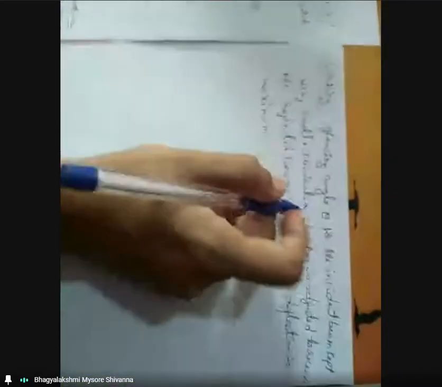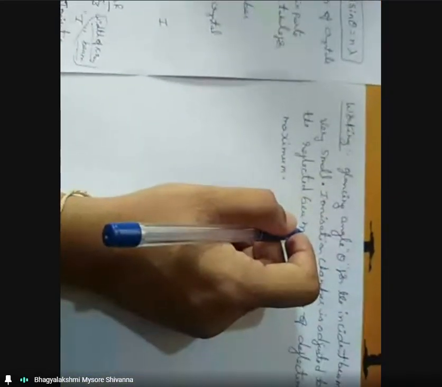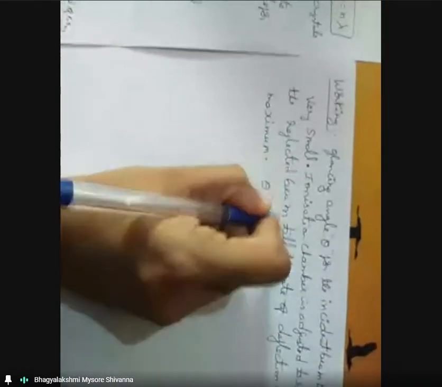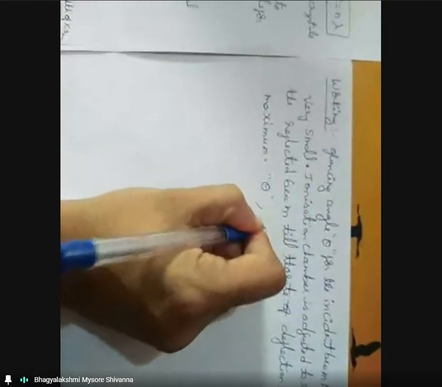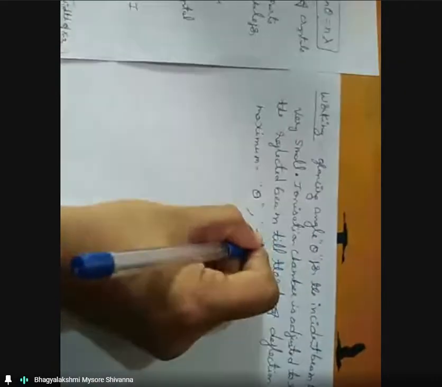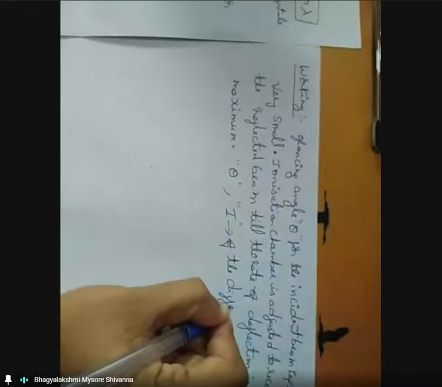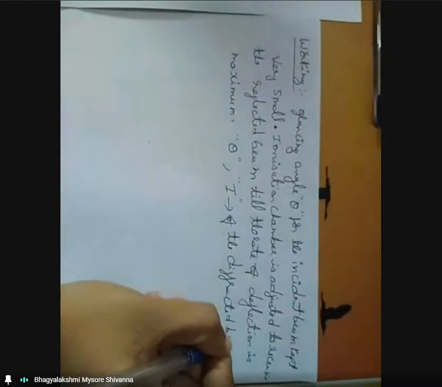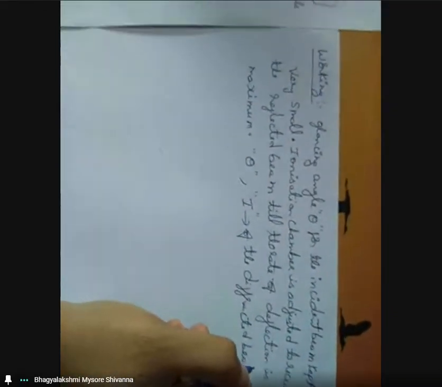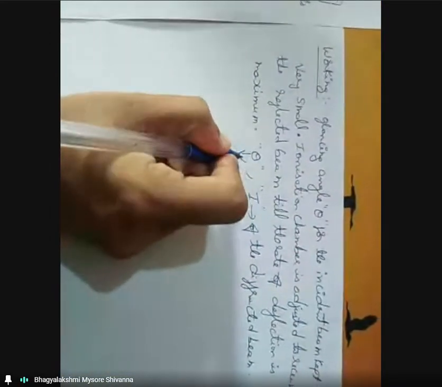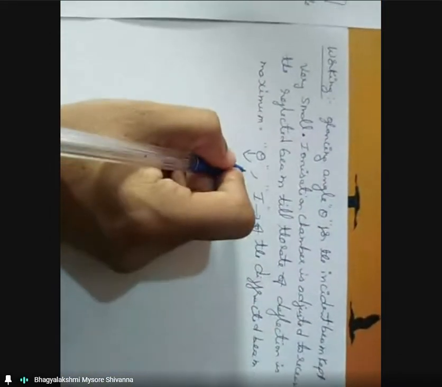The glancing angle theta and the intensity of the diffracted beam are measured. By rotating the crystal table, the glancing angle theta can be increased in equal steps.